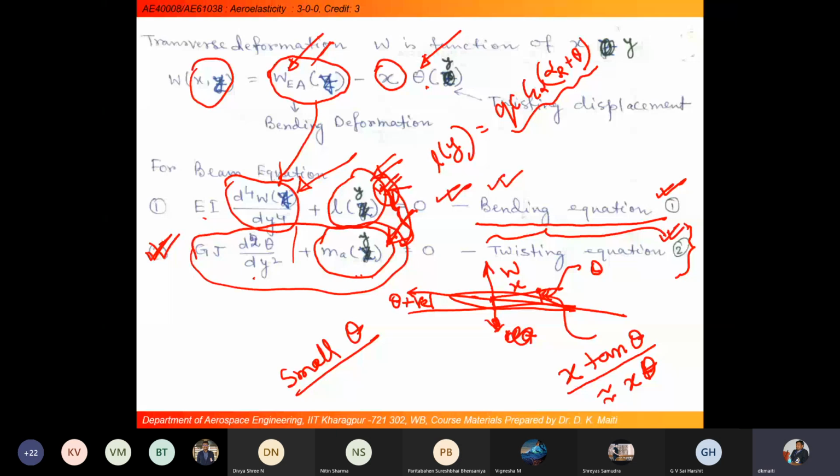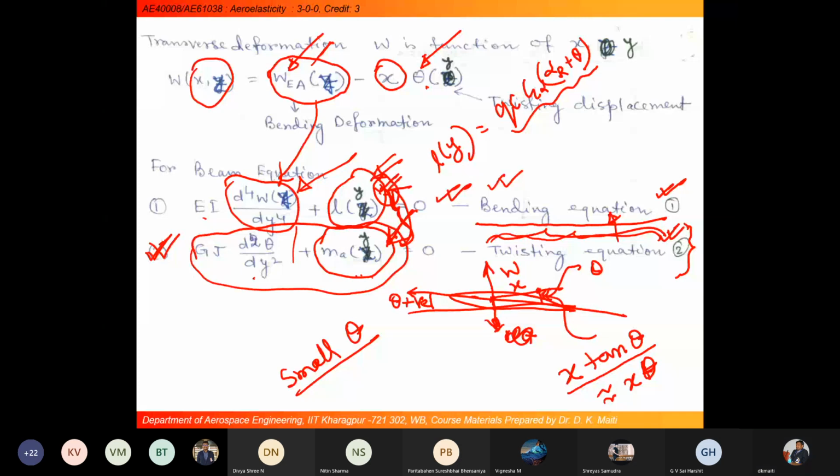As we are interested only in the aeroelasticity effect, I am taking only the second equation in the straight rectangular wing concept. But when we consider the swept back, tapered wing, we have to take both equations into consideration.